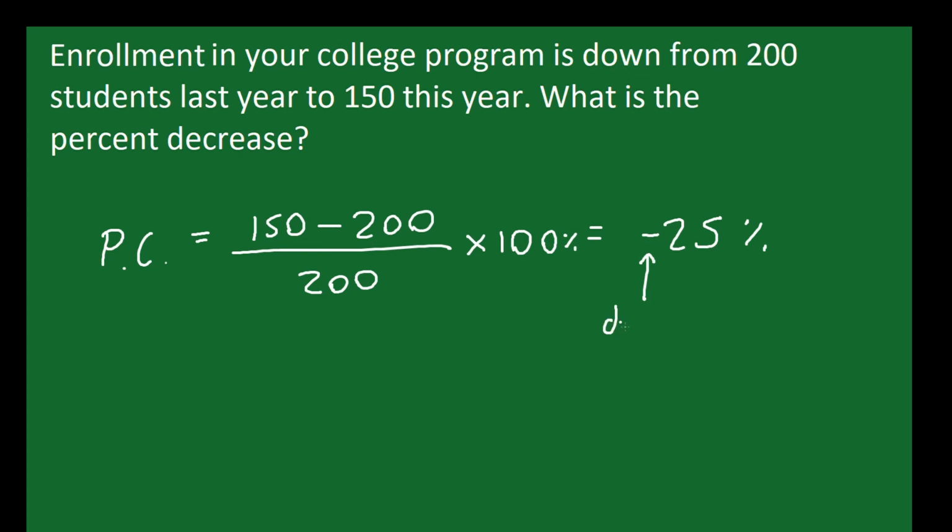That negative indicates a decrease. That's all it means. So because this question said, what is the percent decrease? You could say that the percent decrease was 25%. You don't have to say the negative because you're saying the percent decrease is 25%. So you don't have to include the negative in your final answer. Just include the number portion of that and the percent.